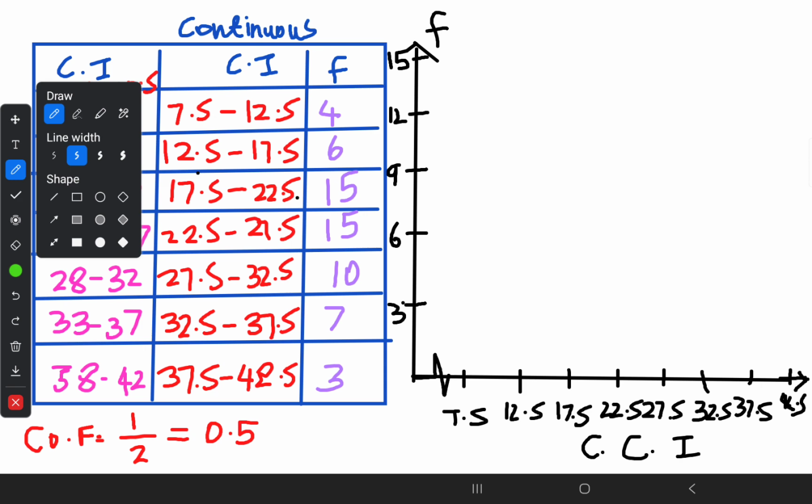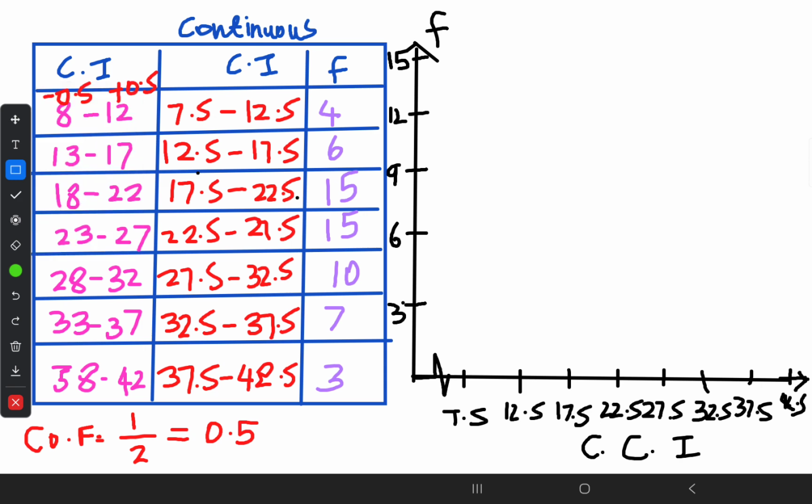Now let's plot. The first axis is the continuous class interval and the other is frequency. From 7.5 to 12.5, the frequency is 4, so a little above 3. Next, 12.5 to 17.5, it is 6, so exactly at 6 you can make your bar. Next, 17.5 to 22.5, it is 15, the highest one.